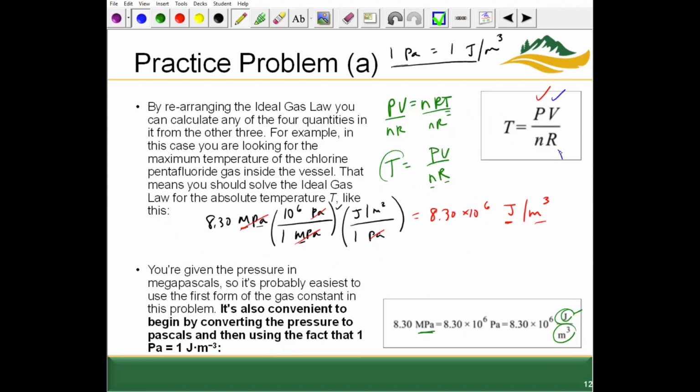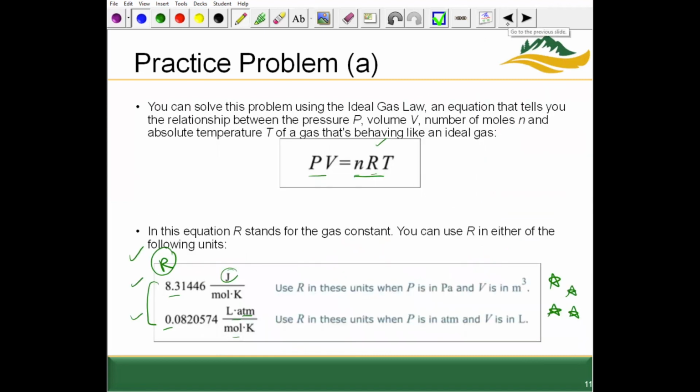We can plug in something for our gas constant. Once we look at the units again, we'll use either this gas constant or this gas constant. We're setting ourselves up to use this gas constant because we got that pressure in joules per meter cubed. Because joules is in our pressure term, we're going to use this gas constant.